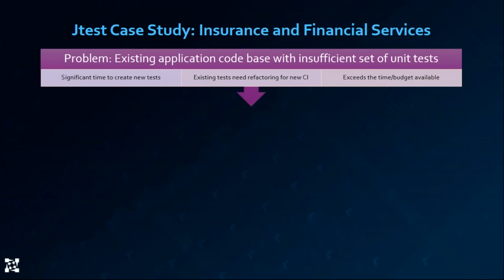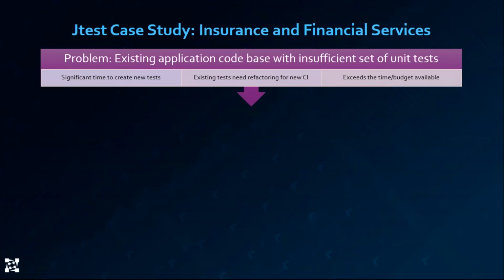The specific problem they were trying to address was migrating an existing application into a cloud platform. That migration represented significant risk, so they needed a solid set of tests that would validate the code as they were moving it and making small changes that would have potentially hidden impact on the code.